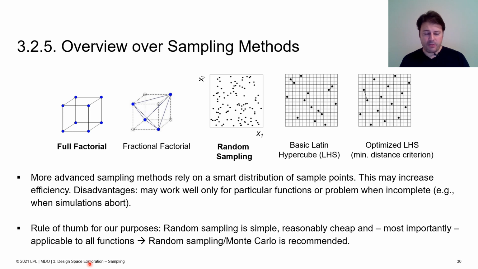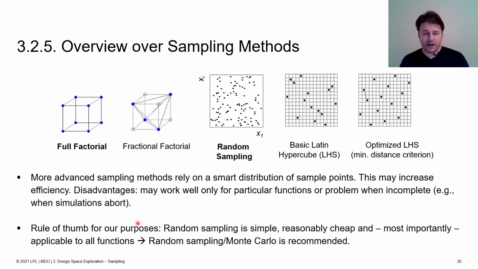So I would summarize this chapter by saying that you can sample in a smarter way, definitely, and that can produce better results. But then you're typically restricted to particular functions, or when you're using sampling schemes that rely on a complete set of samples, you may run into problems when simulations abort.